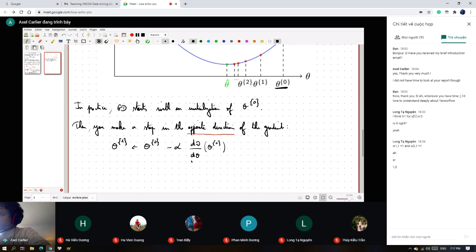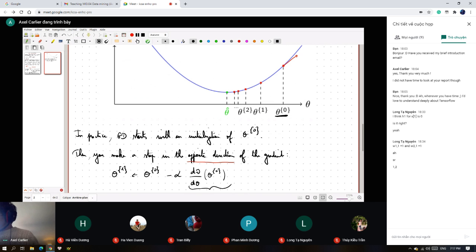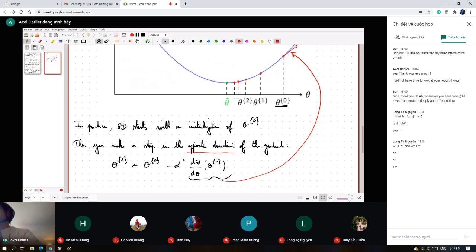Okay, so this, it's exactly this. Okay, alpha is the size of the step. We call it a learning rate. I will come back to that later. And so we go from theta 0, we compute this gradient in theta 0, this arrow, and then we go in the opposite direction, and then we end up in theta 1, and we start again.